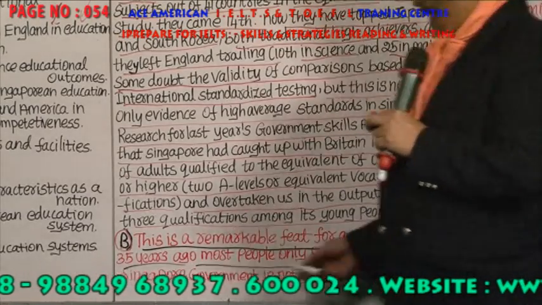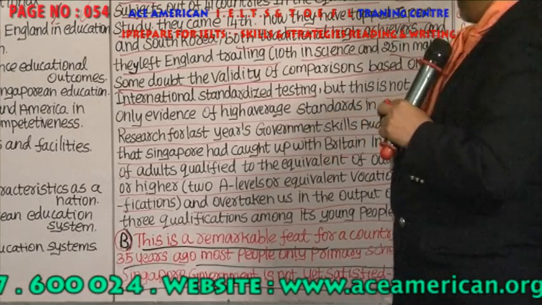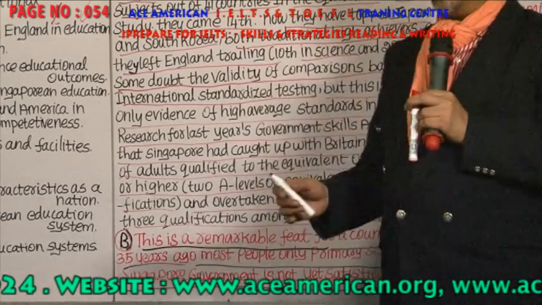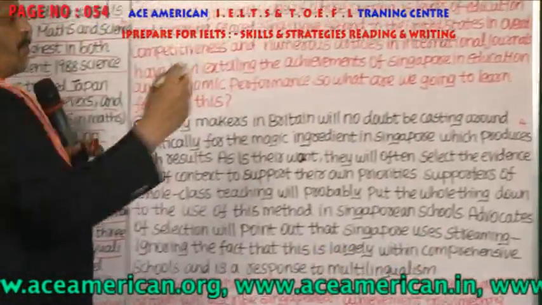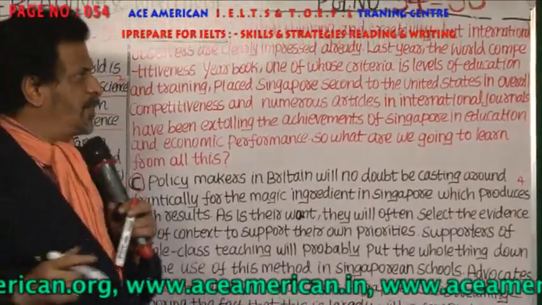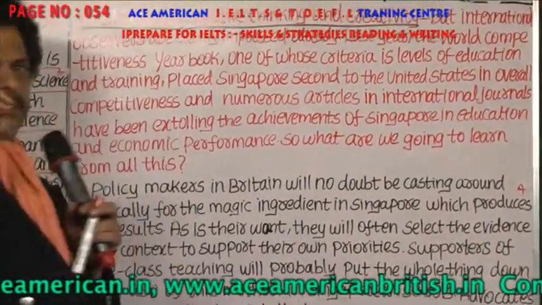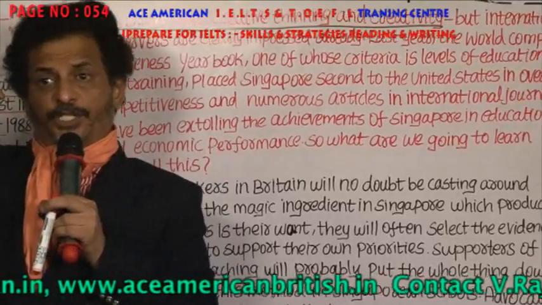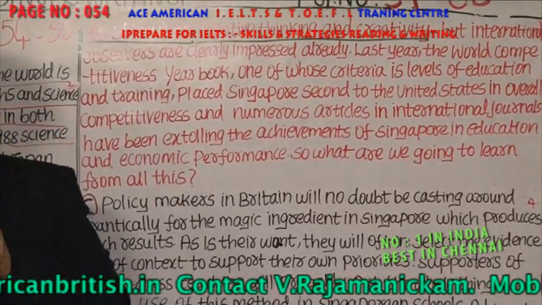But the Singapore government, what did it do? It is not yet satisfied. It wants to stimulate, which means to encourage creative thinking and creativity. They want the Singaporeans to think creatively, write creatively and study creatively.